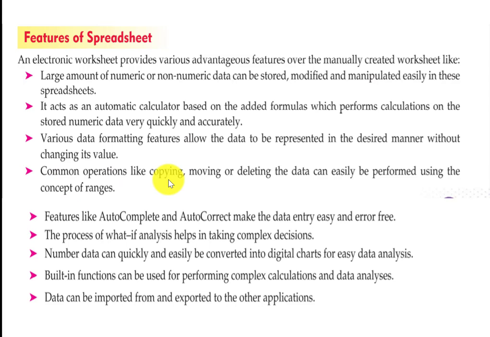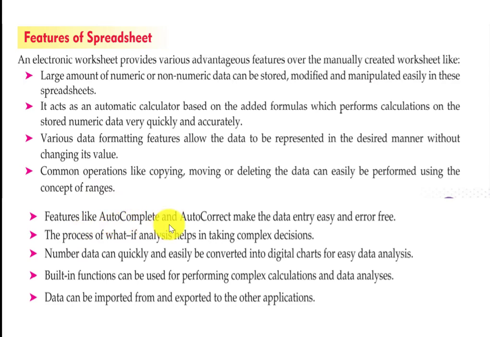Common operations like copying, moving or deleting the data can easily be performed using the concept of ranges. In Word, we can copy and move the data from one place to another. We can delete the data in the same way. We can do cut, copy, paste, delete, editing, modification, and formatting also in the spreadsheet.